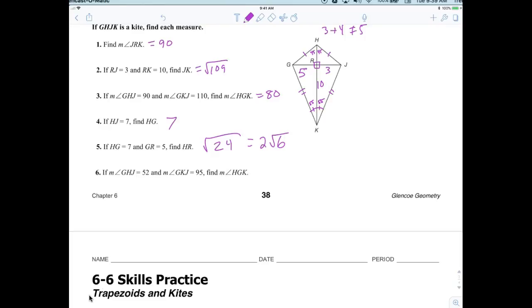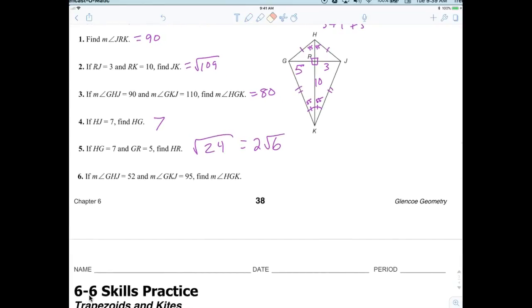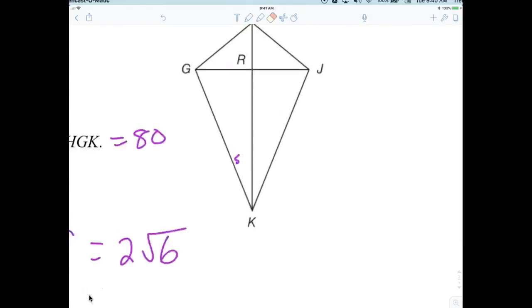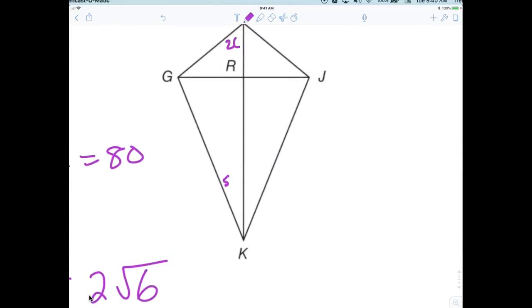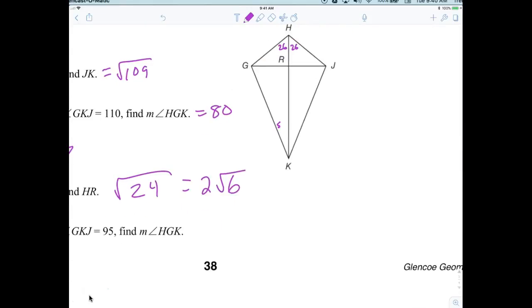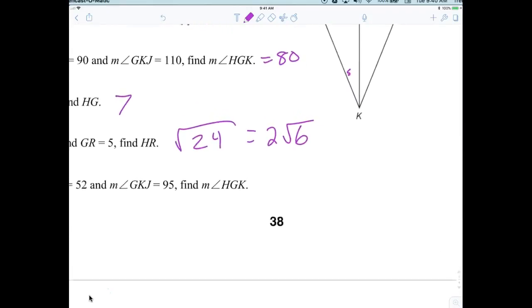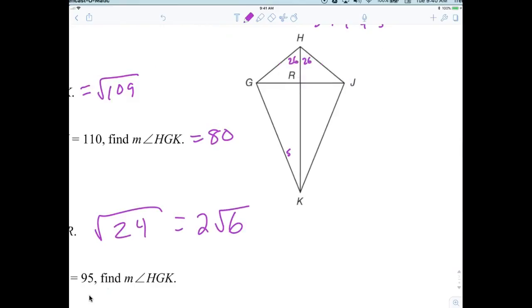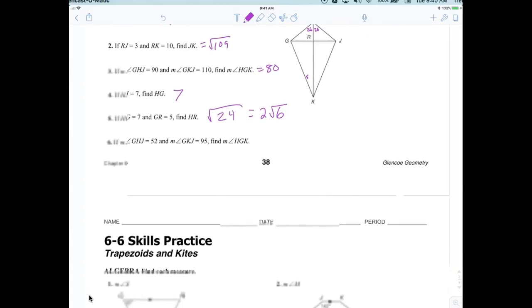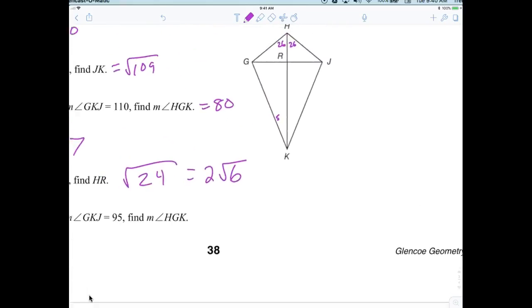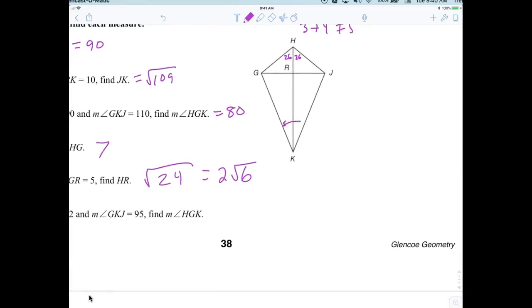All right. So last one. Angle GHJ. Hold on a second. Let me find this. GHJ is 52, so I'm just going to make it 26. And GKJ, well, it's the same problem essentially, isn't it? Is 95, and it's like an opposite. So that's 47.5.